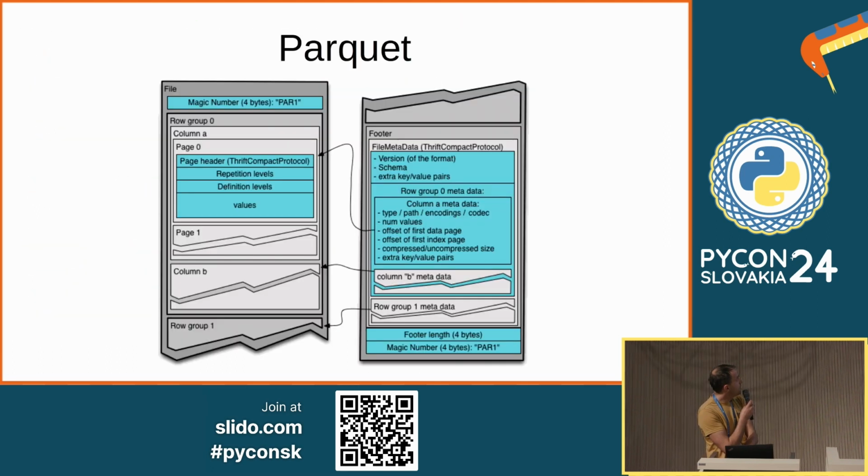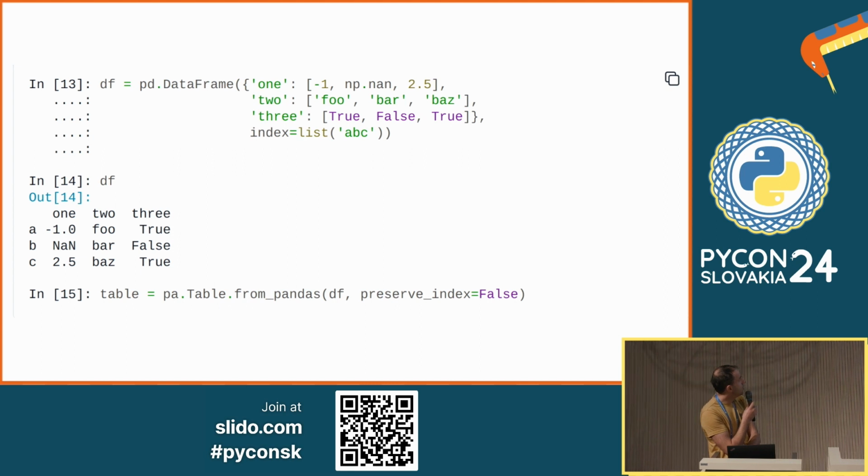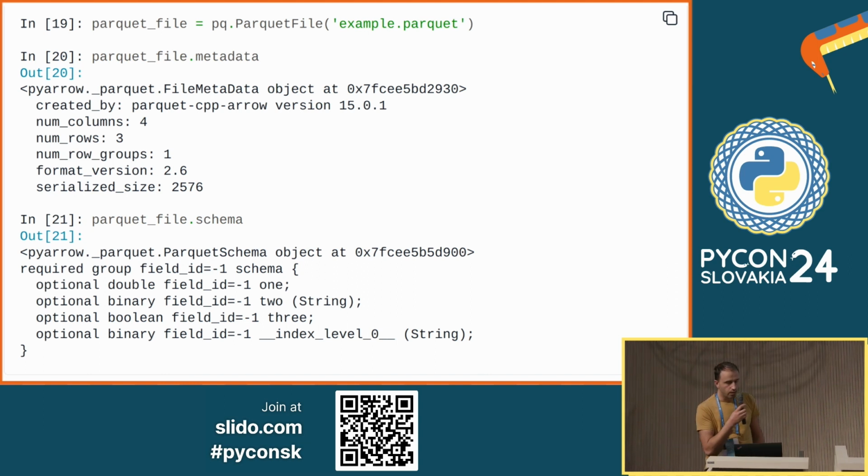When using, for example, pandas, you can define a pandas data frame, directly convert it to an Arrow table, and then save it. When loading the data, you usually use a dataset, or you can use the Parquet reader directly.